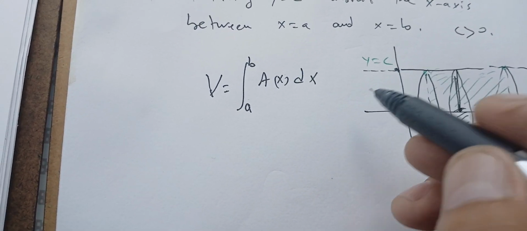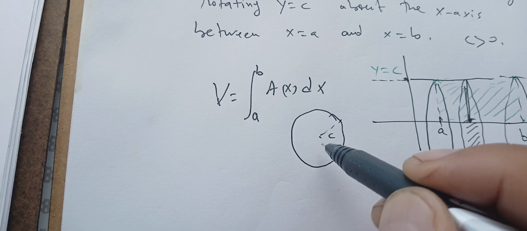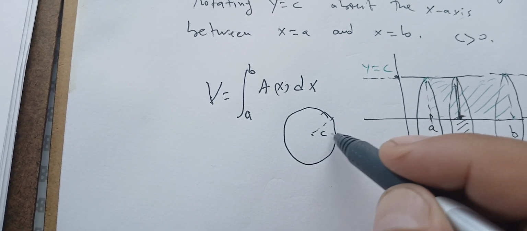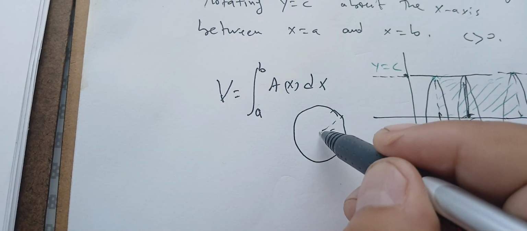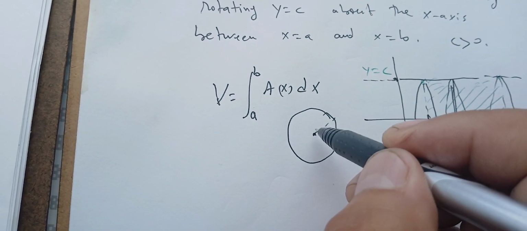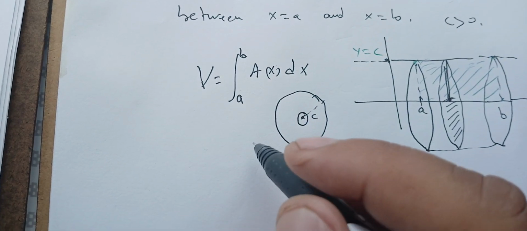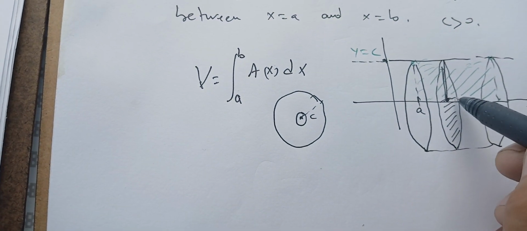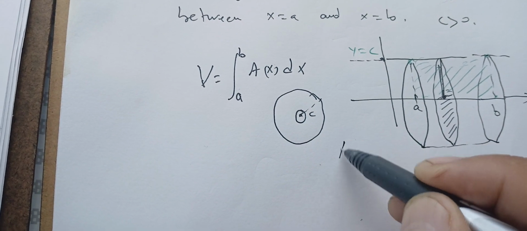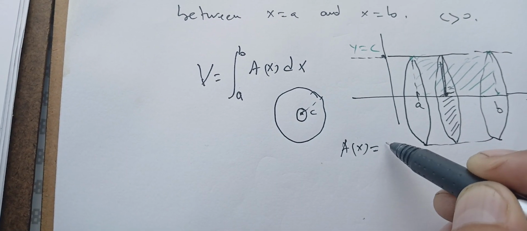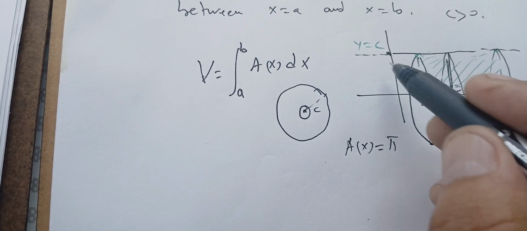If we look from the top, we're going to see something like this. So this is our c, and this is the cylinder here. The x-axis is the one going through the center of the cylinder. We know the area of the circle is pi times r squared, and r squared is just c squared.